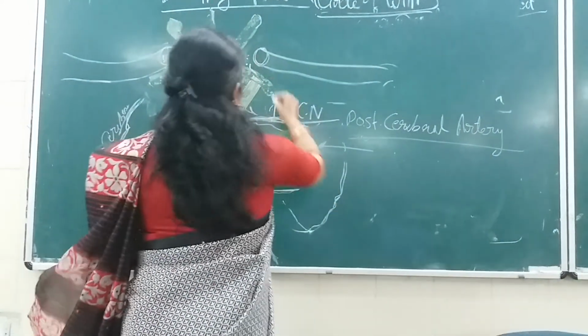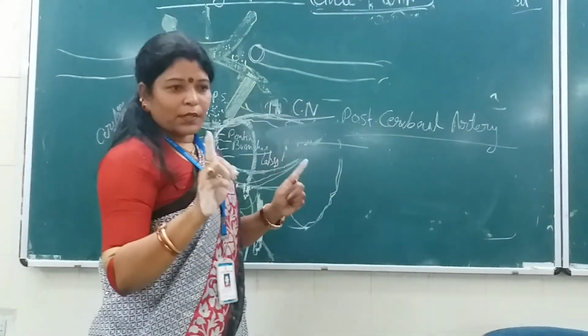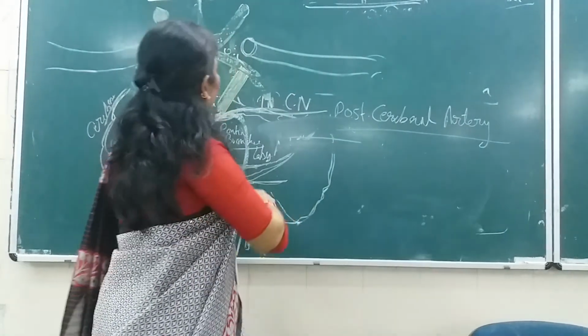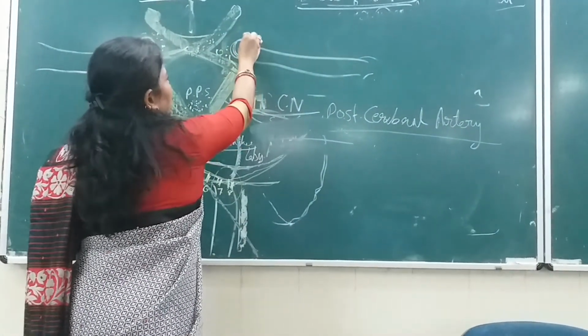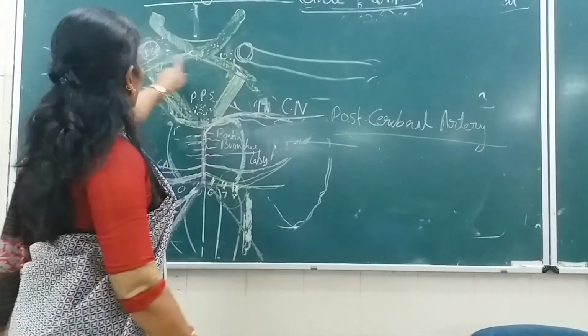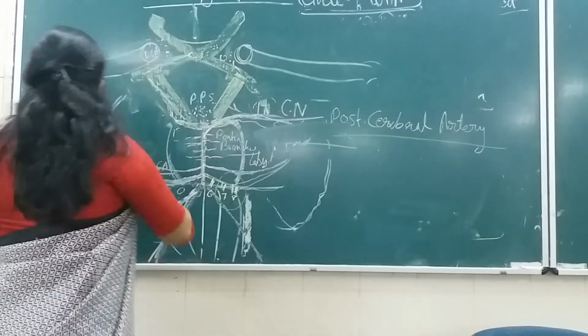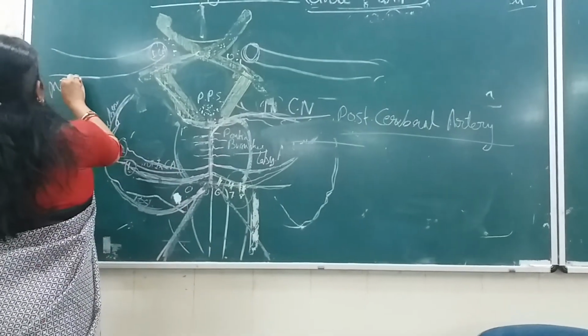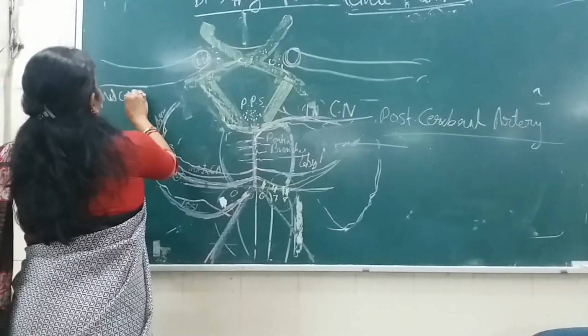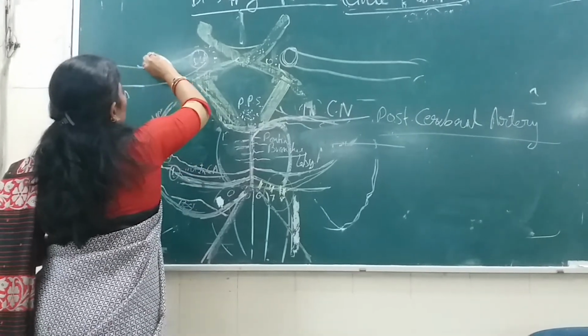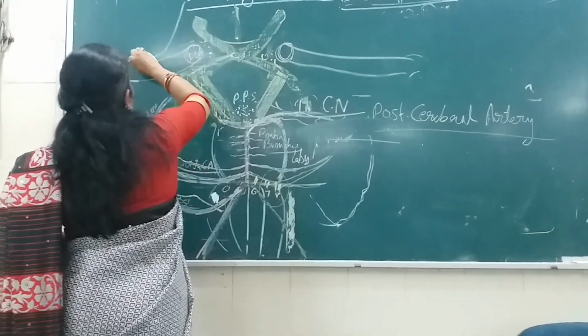That's why the internal carotid is only the source, nothing else. So it divides into its two terminal branches. This is the continued path going to the middle cerebral artery, and the other terminal branch is here.